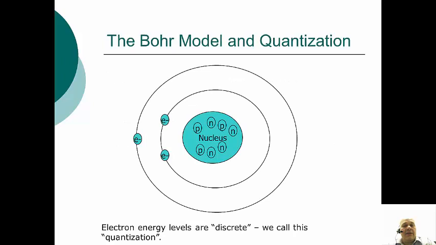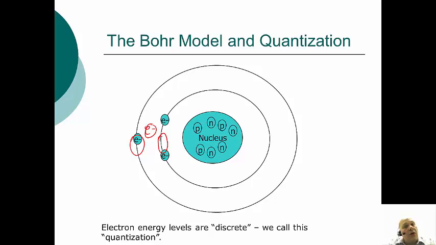Chemically, discrete gets translated as quantized, and electron energy levels are discrete. There are energy levels that are separated by nothing. You can't actually put an electron in between two allowed energy levels.